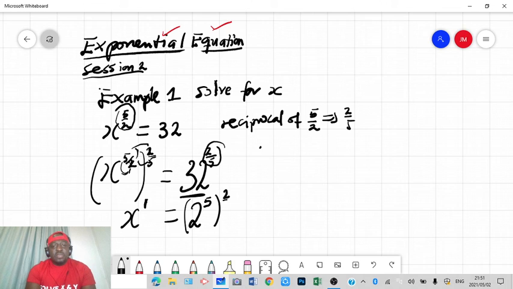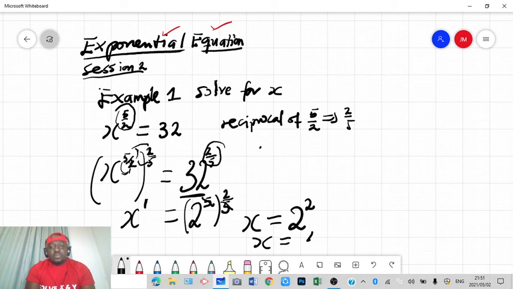And remember, you already have 2 over 5 as an index. Hence, this 5 can cancel this 5, and you end up having x now being equal to 2 to the power of 2, which implies that your x now is equal to 4 as your final answer.